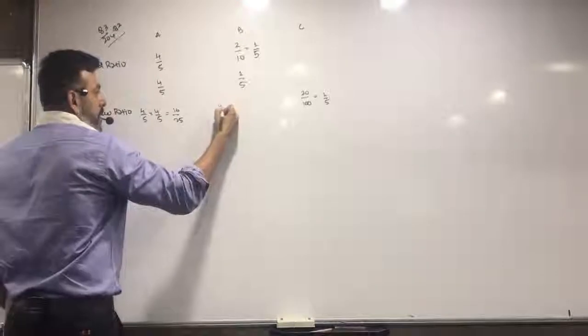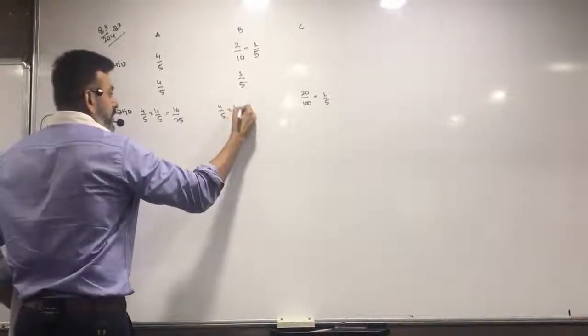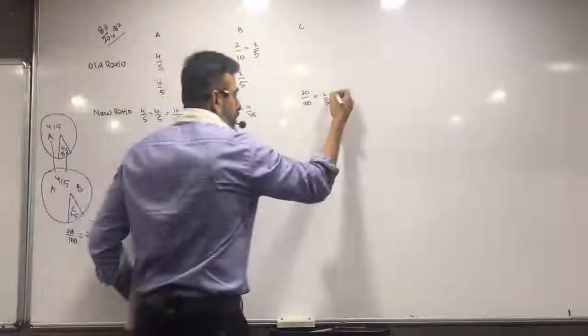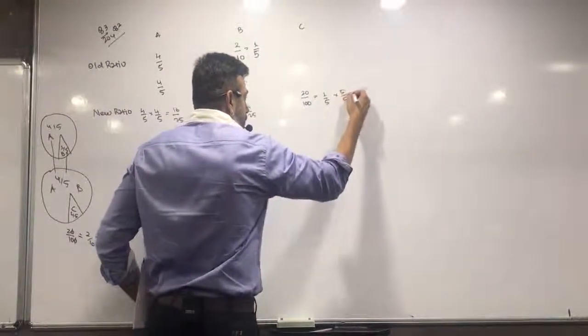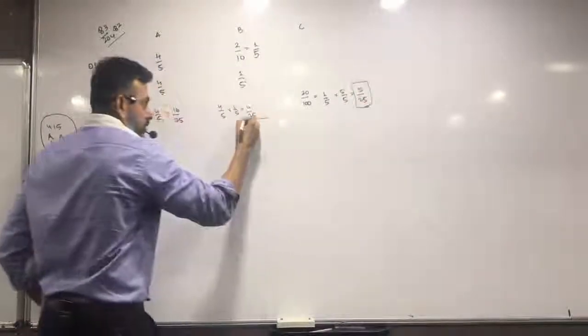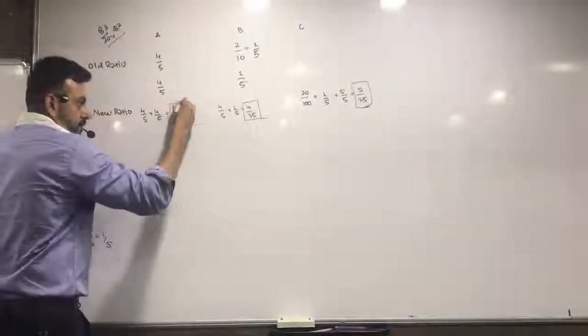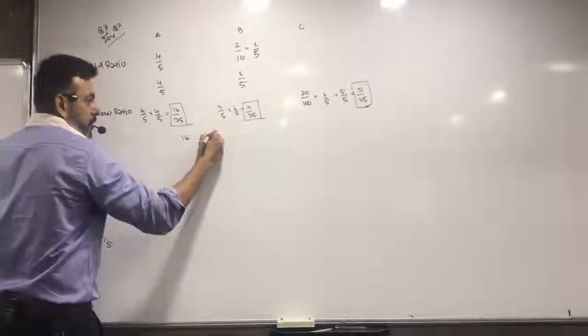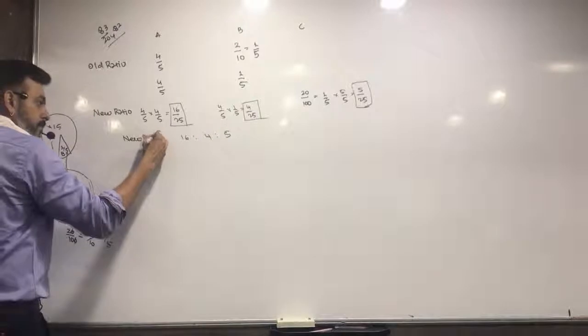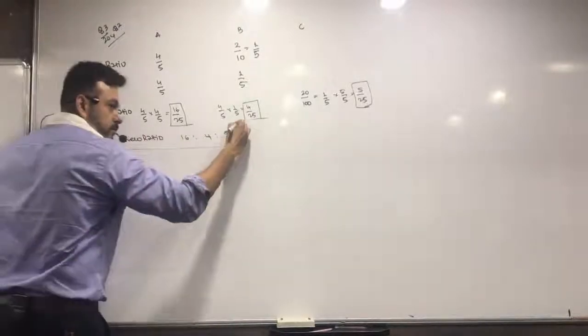Over here 4 by 5 into 1 by 5 is equal to 4 by 25. How do I make it 25? 1 by 5 into 5 by 5, which is 5 upon 25. So the new ratio is 16 is to 4 is to 5. New ratio. All of you understood this?